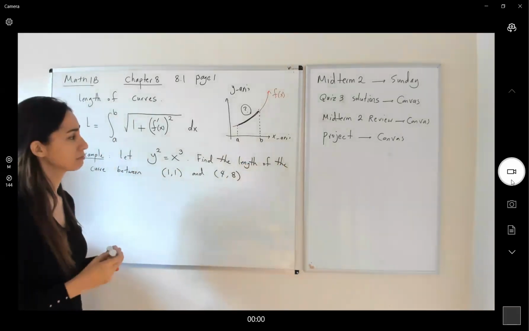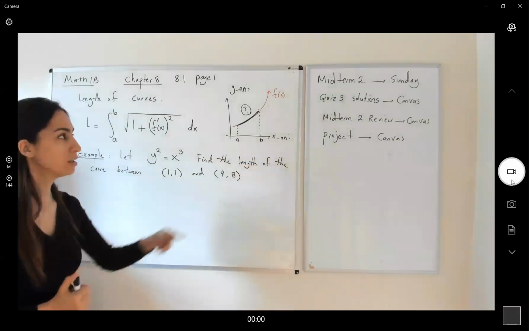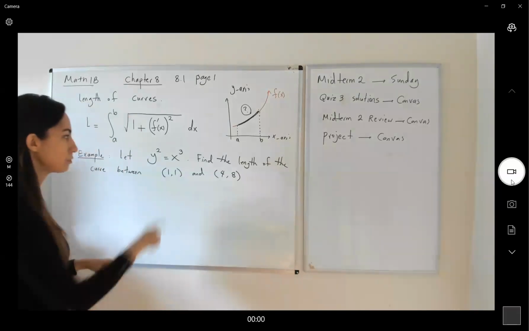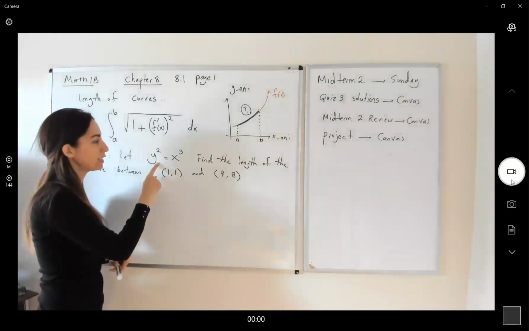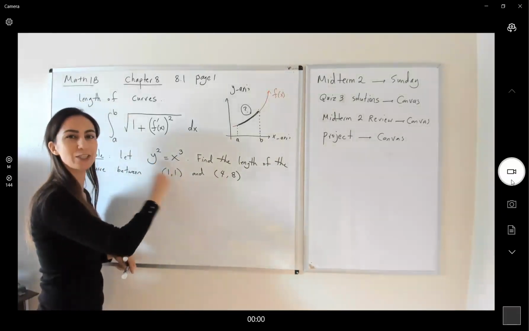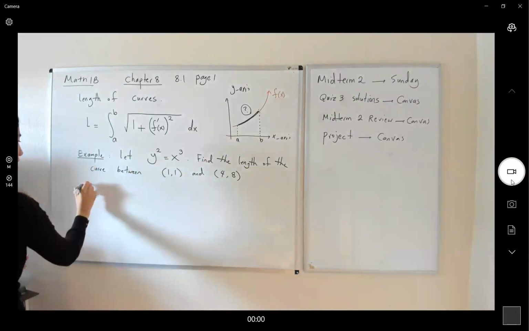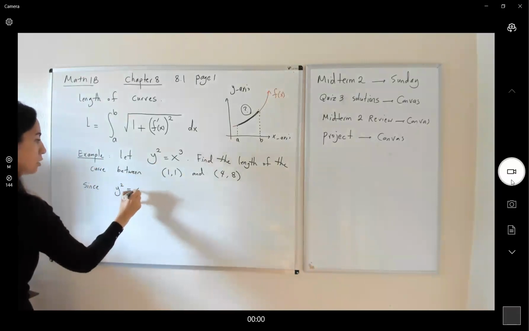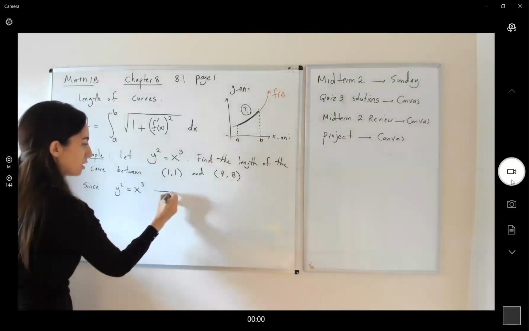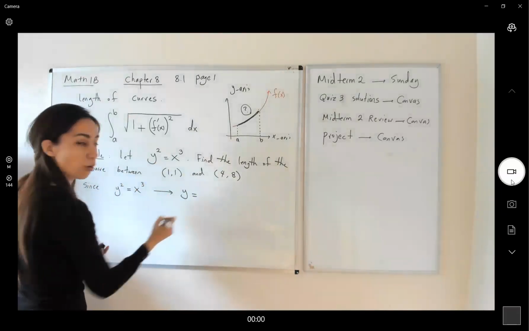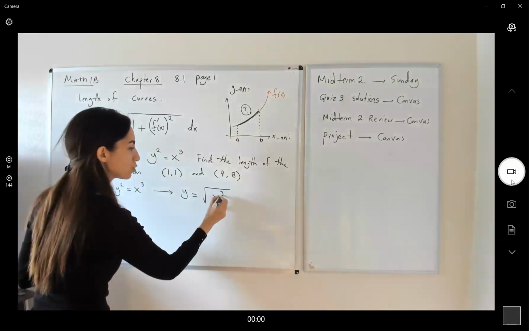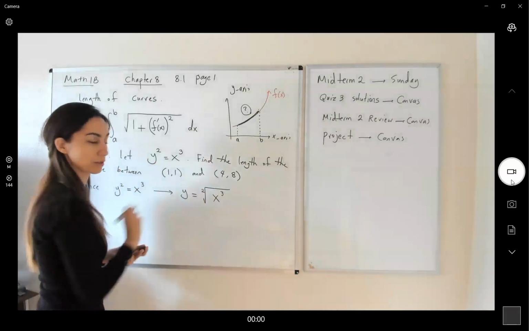There you go. So first of all, we need our function f of x. What's given? y squared equals x cubed. Since y squared is equal to x cubed, y is equal to the square root of x cubed.